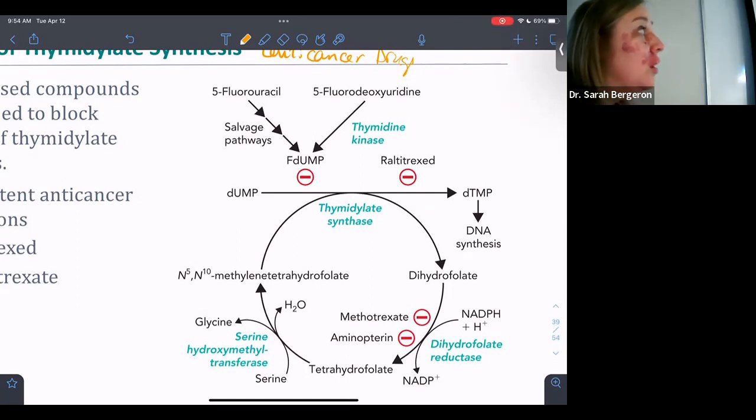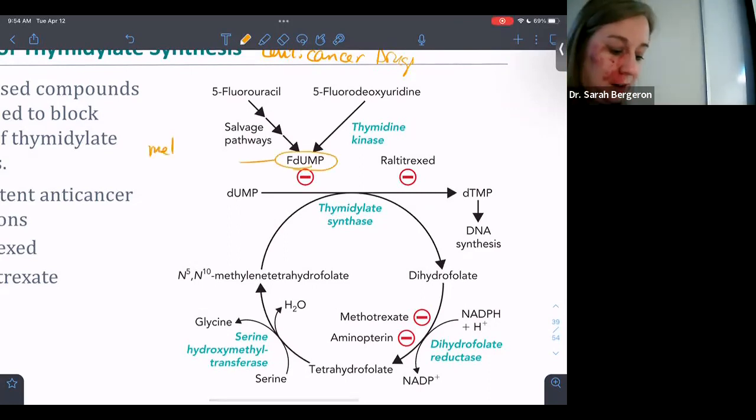It's a uracil-based compound, right? So it gets metabolized into a substrate that looks like dUMP, but isn't dUMP. It's an analog.